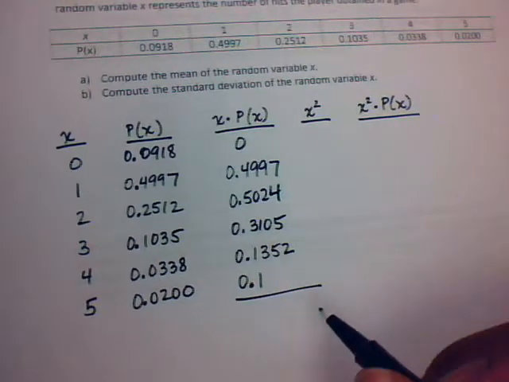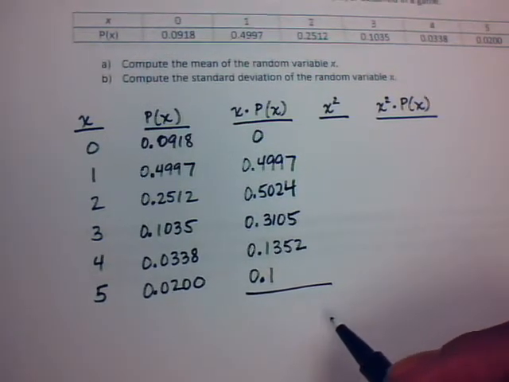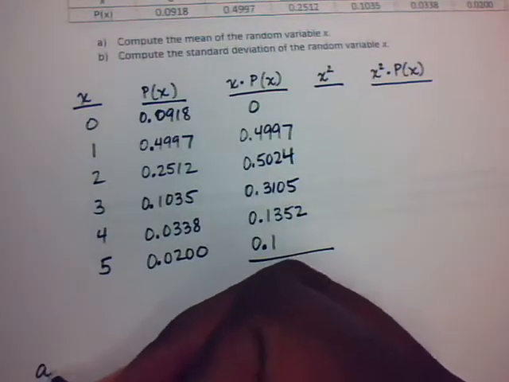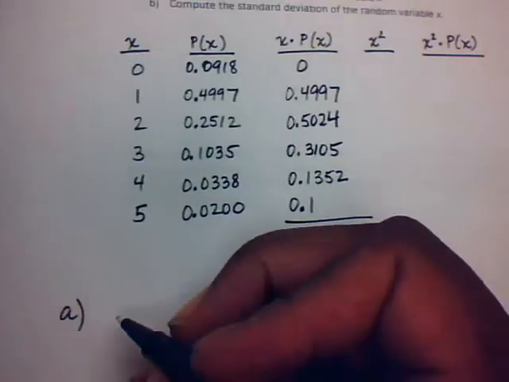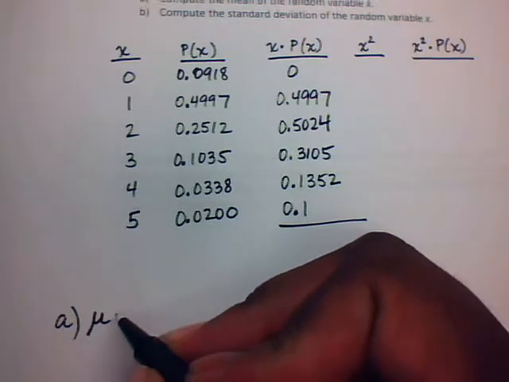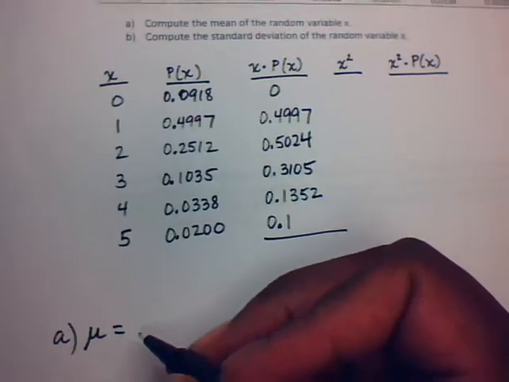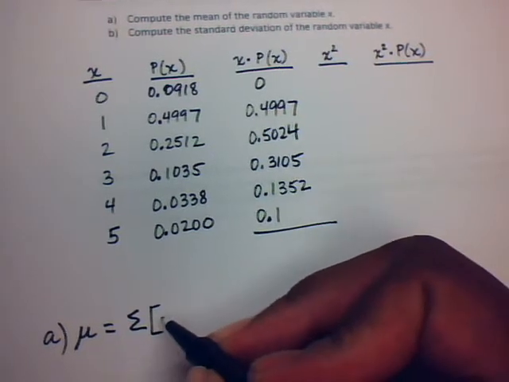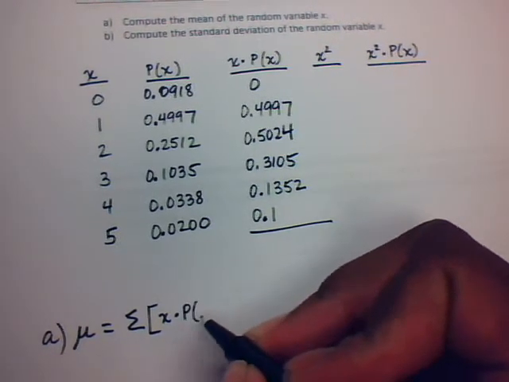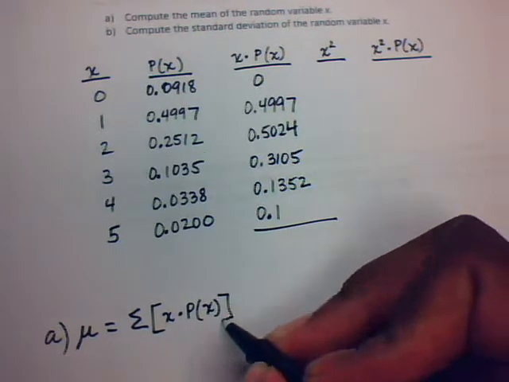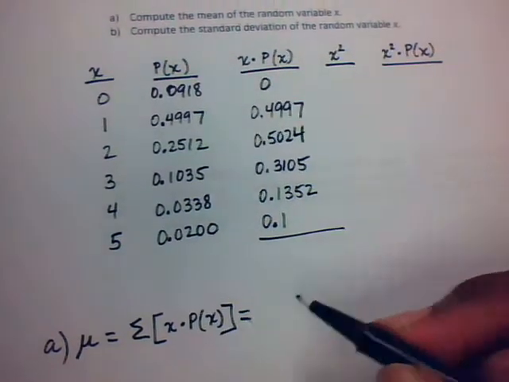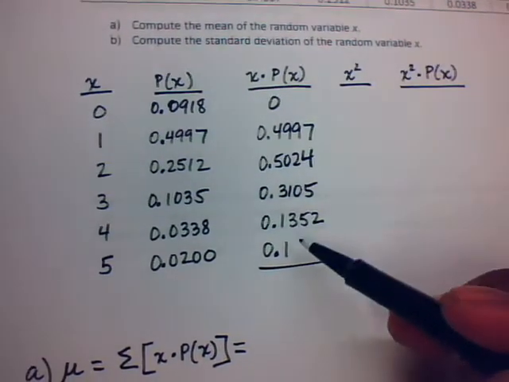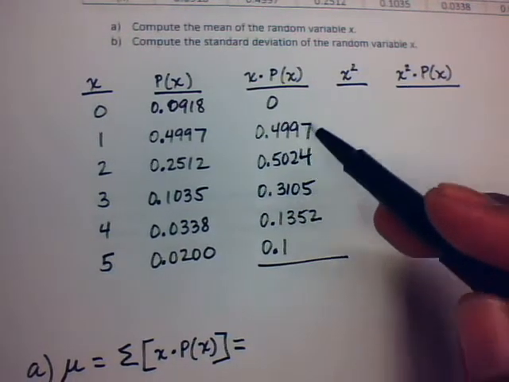Now, it's this column that's going to help me answer part A, because if you recall the formula for finding the mean in a probability distribution, that's going to be the sum of x times p of x. So what I'm going to do here is add these numbers in the x times p of x column.